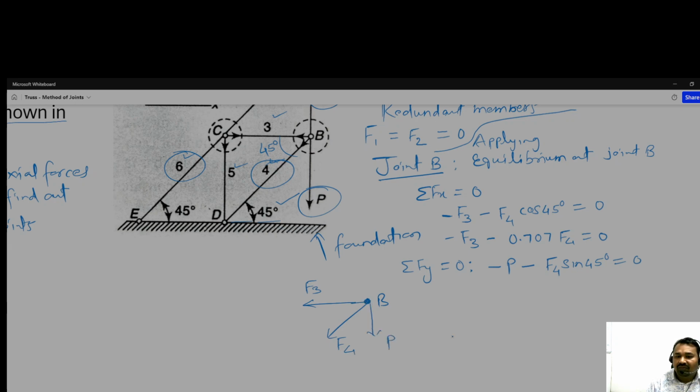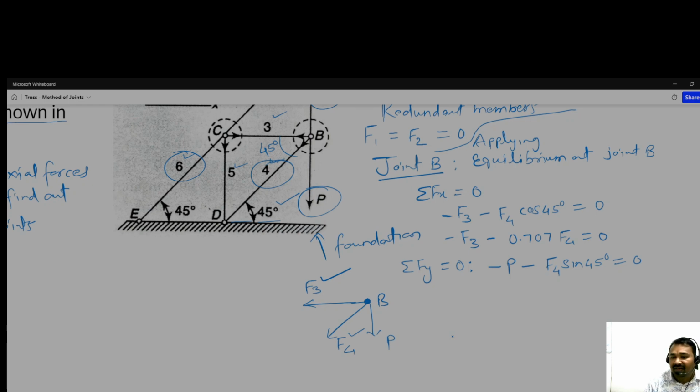One thing here one should observe: all the axial forces, F3 and F4, are taken as tensile, because we don't know whether these members are subjected to tensile forces or compressive forces. So initially we take tensile, and what we get is a value in magnitude with a positive or negative sense, which will justify that.